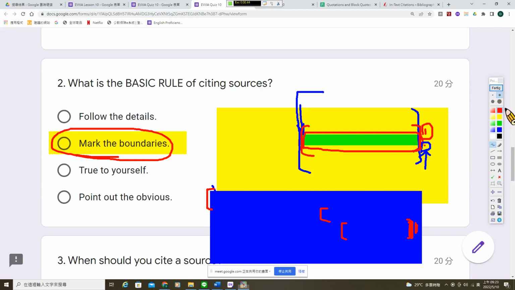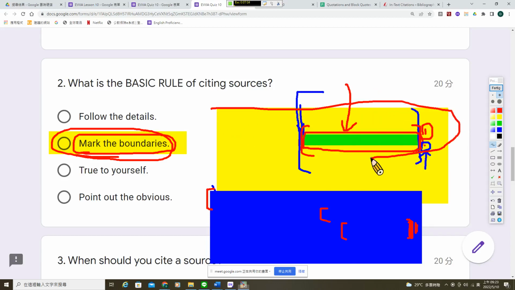Okay, later I will tell you. But just keep in mind, for now, it's very important, you need to mark the boundaries so the readers know the portions of your citations. So you do not just claim that, hey, this is mine. This is mine. No, this is something from the author. Okay, so this is the basic rule of citing source.